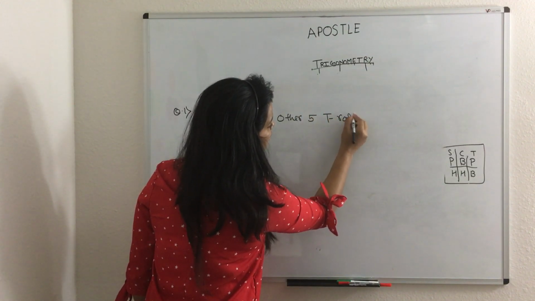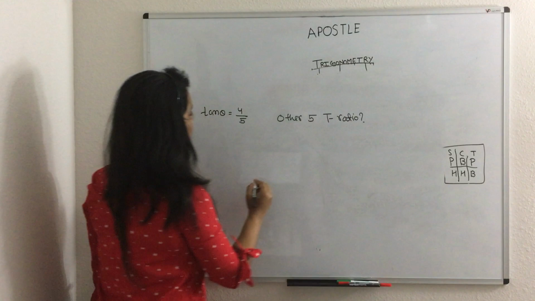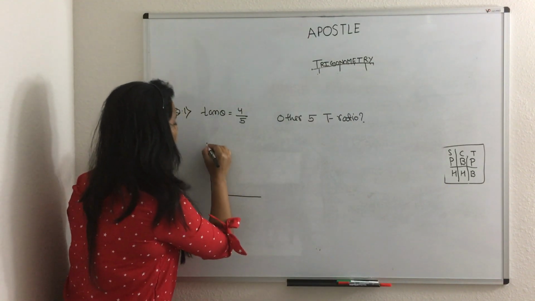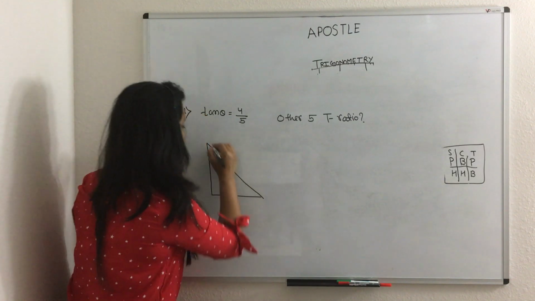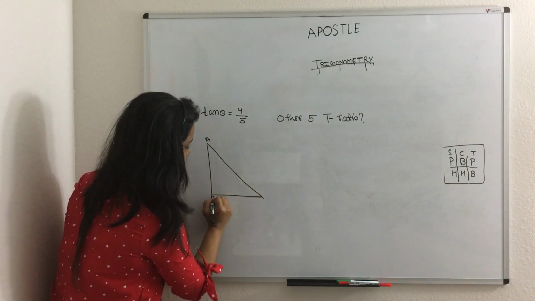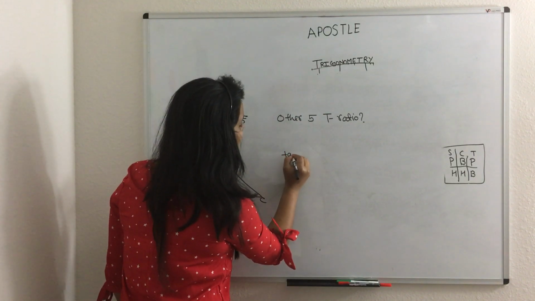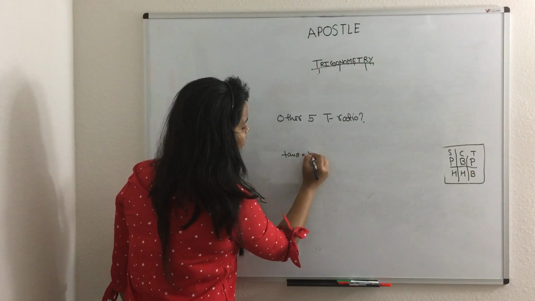This is our question. So in this question, we take one right triangle ABC.